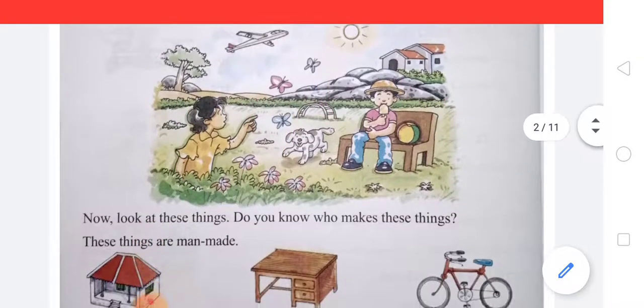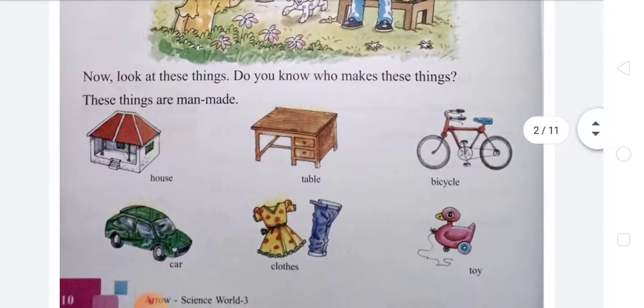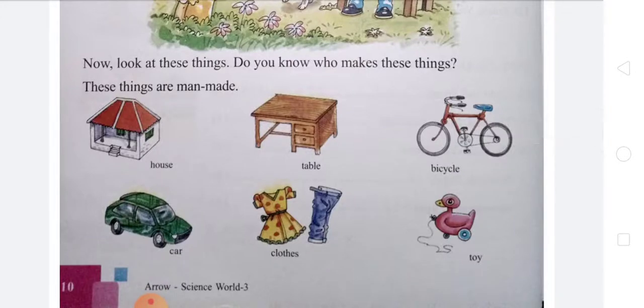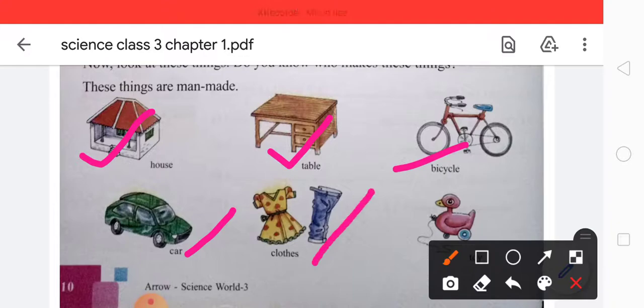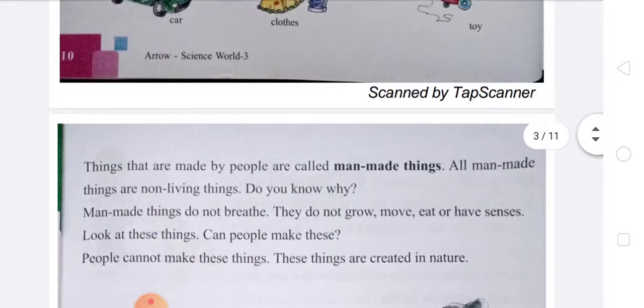Now look at these things that are given below. These things are man-made things. A house is made by humans. The table is also made by humans. The bicycle, car, clothes, toy are also made by humans.